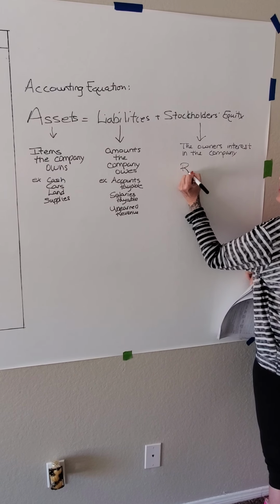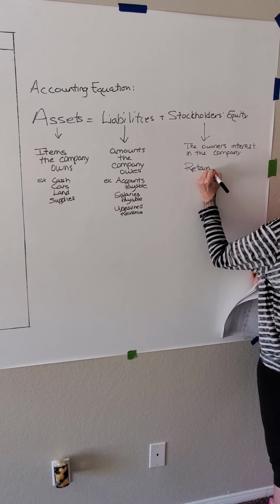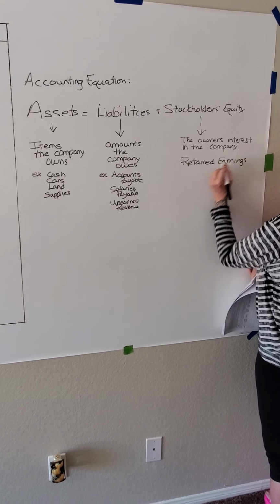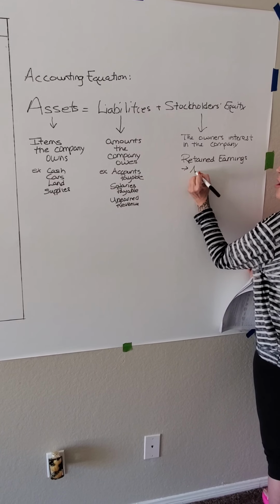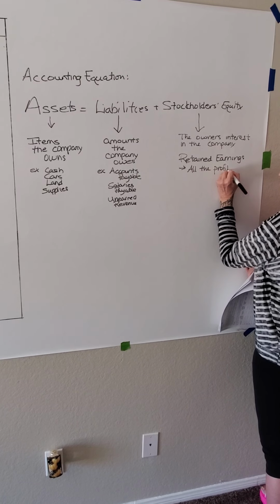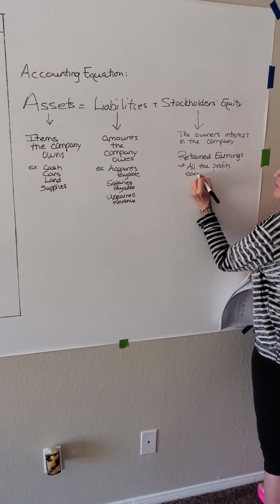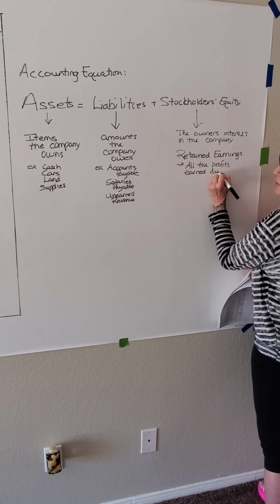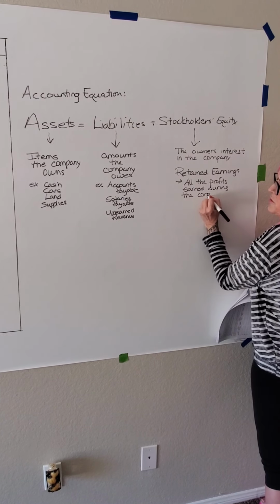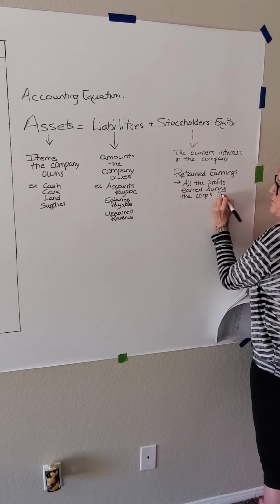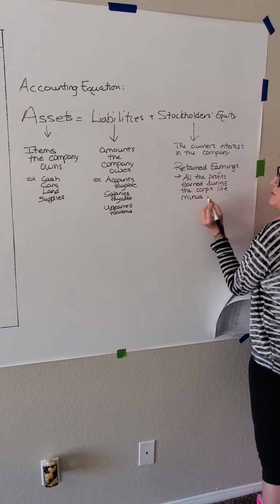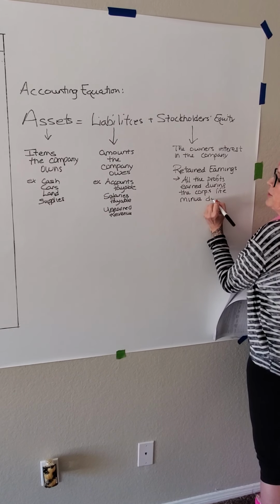It's made up of retained earnings, and retained earnings are all the profits earned during the corporation's life, minus payments of dividends to the owners, minus dividend payments.